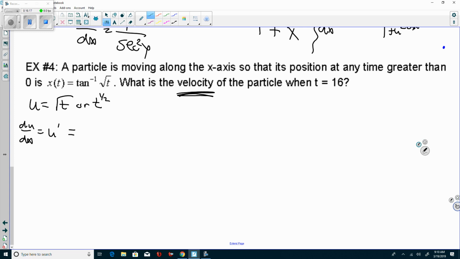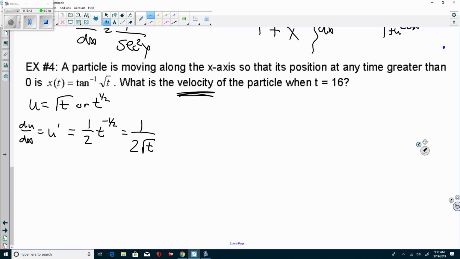So the derivative of t to the 1/2 is 1/2 t to the negative 1/2, your basic power rule, which you would rewrite as 1 over 2 root t. Everybody okay?